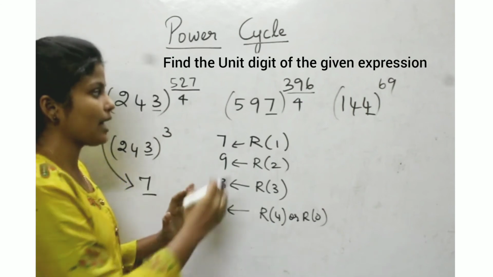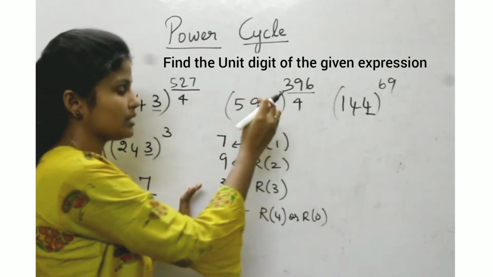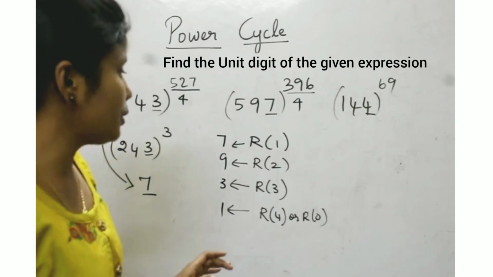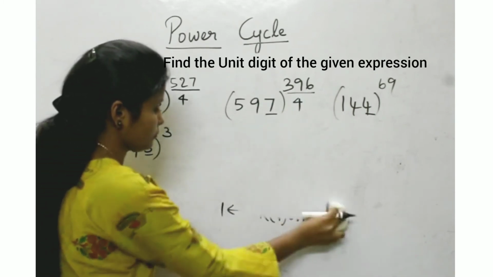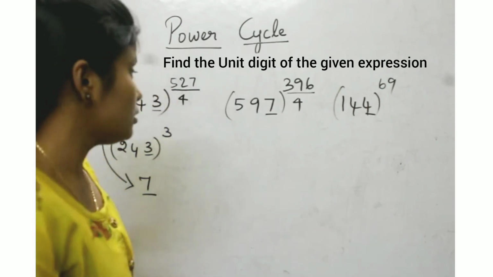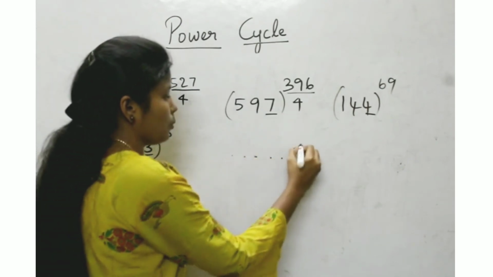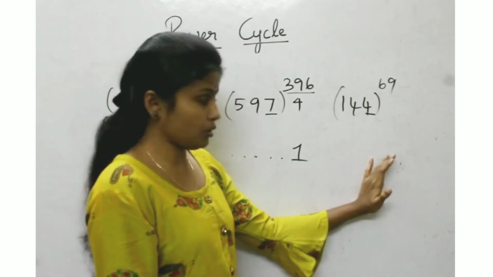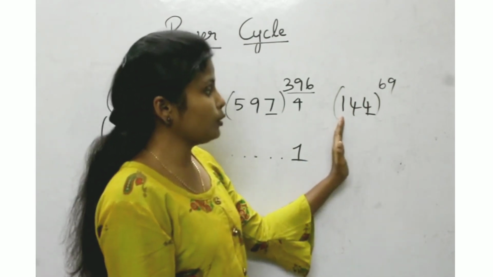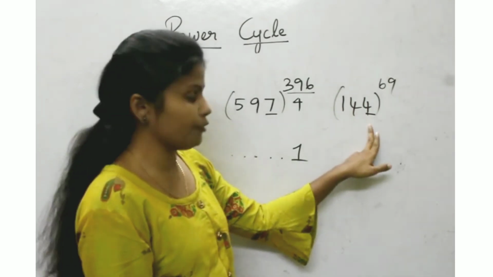So now as the remainder over here is 0, the unit digit of this particular expression would be 1.